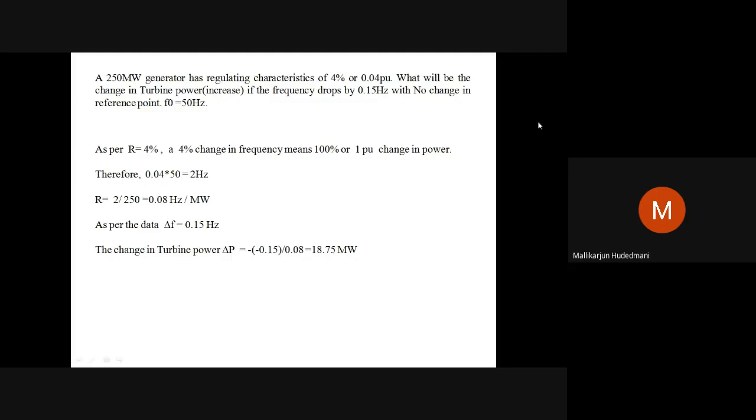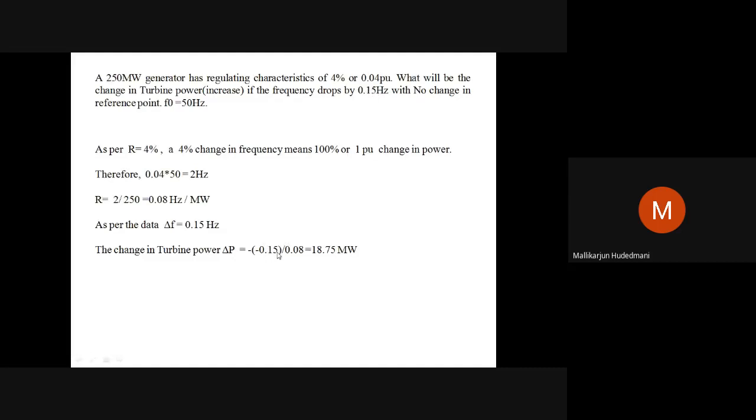So as per the data, what is the drop in frequency given? 0.15 hertz. You can see delta F is 0.15 hertz. The change in turbine power expected is equal to delta F divided by R, with a minus: minus delta F. This is also a drop, hence inside the bracket there is a minus.